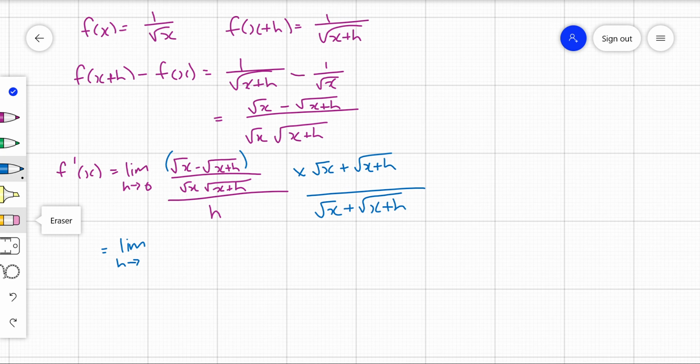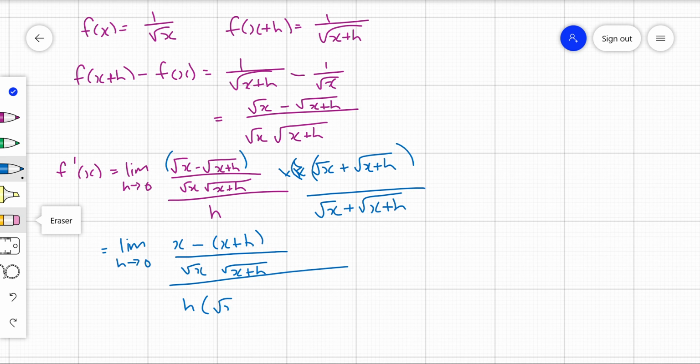So that means the limit as h goes towards 0 of, now we've got difference of two squares here, so that becomes x minus (x plus h) on root x plus h, all on h root x plus h. All right, and you see here we've got x minus x, so they cancel, and you've got minus h on top. So the h's can cancel, so it's just a minus 1 now on top.